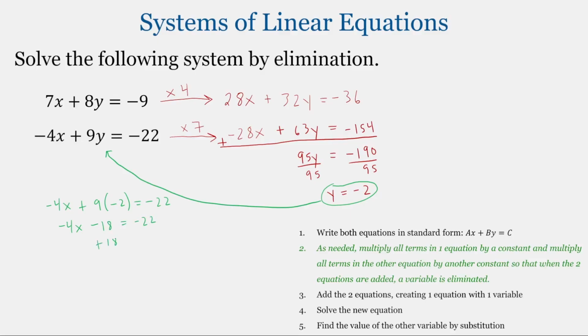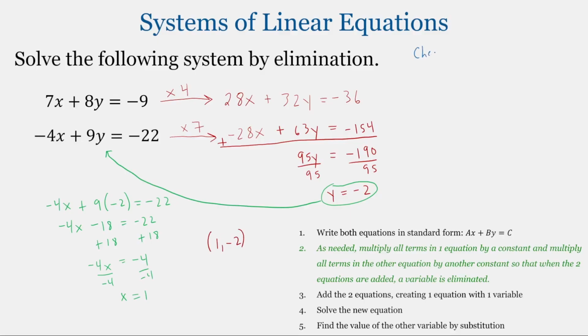Adding 18 to both sides, we have negative 4x equal to negative 4. And dividing by negative 4, we get x equal to 1. So our solution is the ordered pair 1, negative 2.